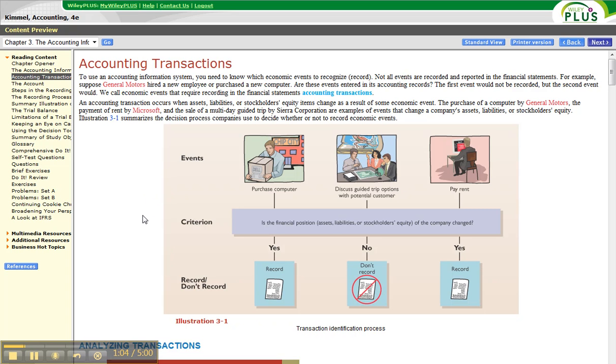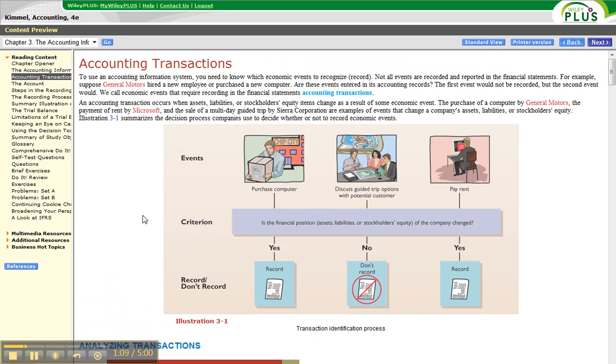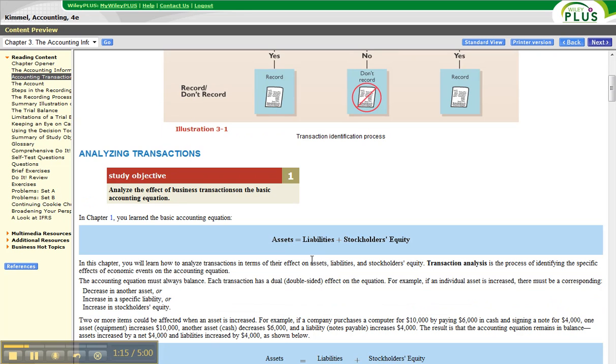Without any more delay, study objective 1 deals with the effect of business transactions on the accounting equation. We learned this equation at the beginning in chapter 1, and this first study objective runs you through a whole list of pretend transactions for a fake company, and it helps you understand what the effect of individual transactions on this accounting equation is.